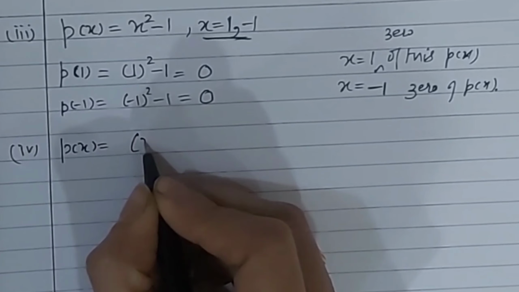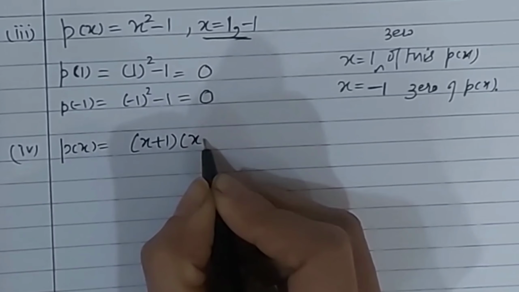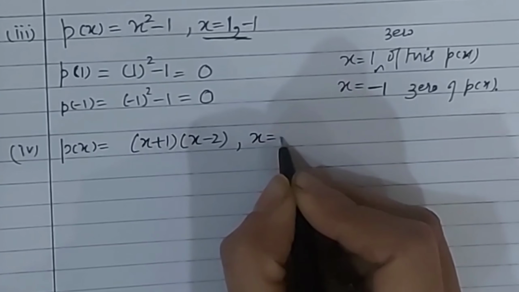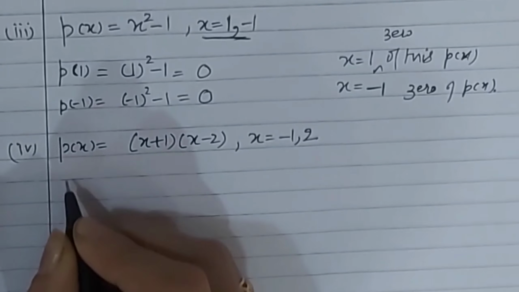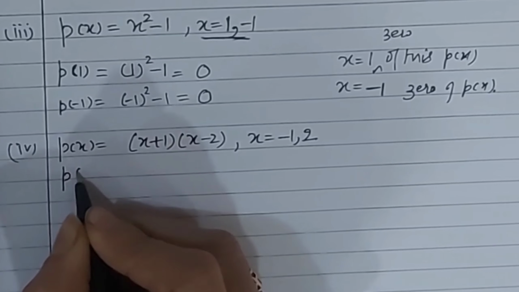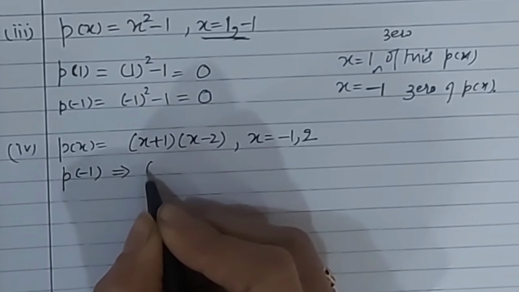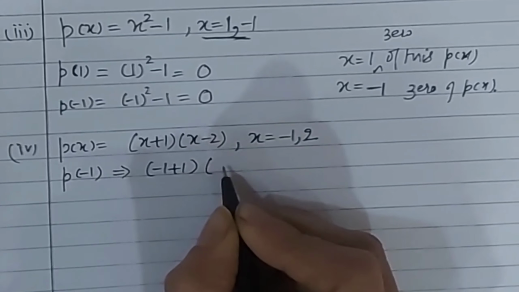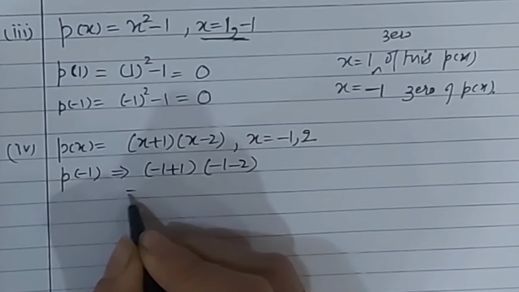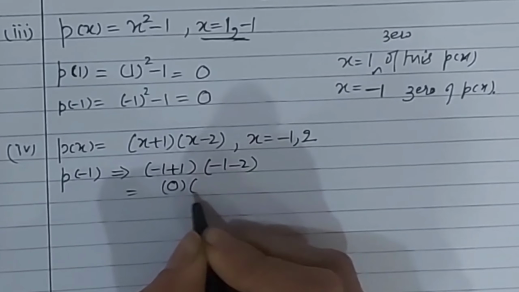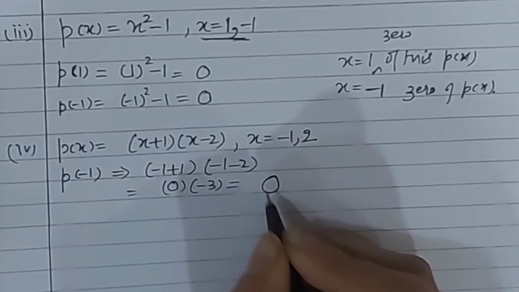p(x) is equal to (x plus 1)(x minus 2), and we have to check for x is equal to minus 1 and 2. So first of all, we'll try for minus 1. So minus 1 plus 1, minus 1 minus 2. Minus 1 plus 1 is 0, and when we multiply any number with 0, we get 0.